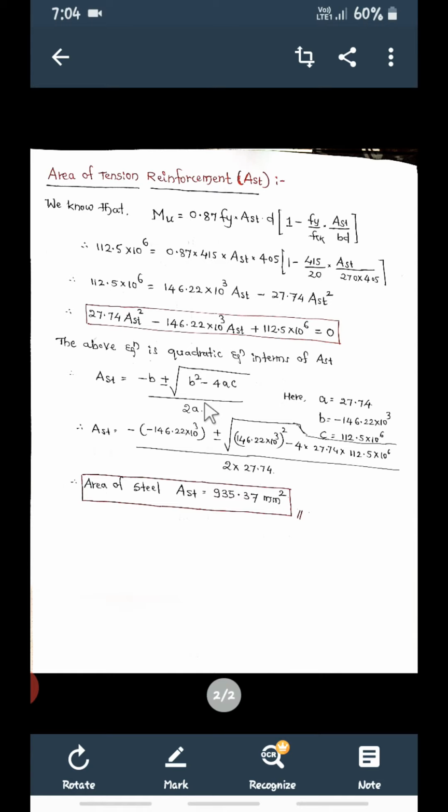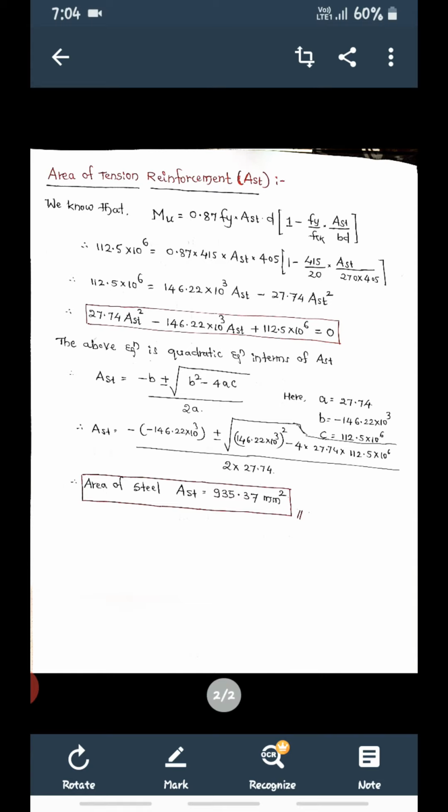When the load comes on the beam, what will be the deflection of the beam, that we're going to calculate, deflection of the beam and crack width of the beam. When there are cracks in the beam, what will be the width of crack, that we're going to find out in the second chapter. So in the second chapter we'll find out deflection and crack width.